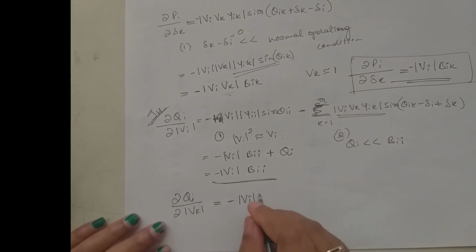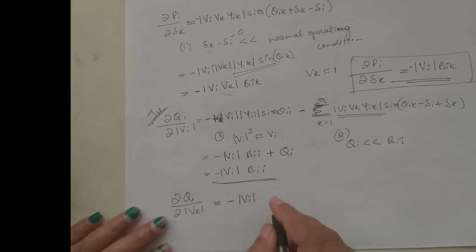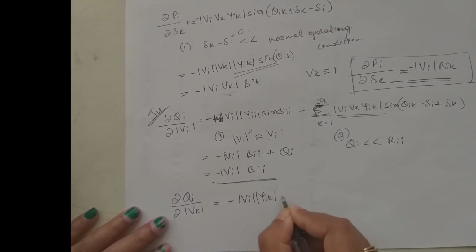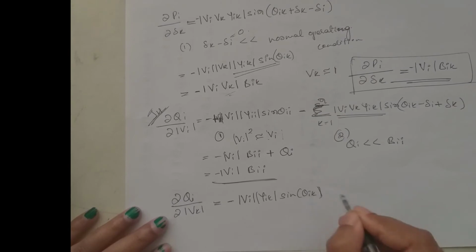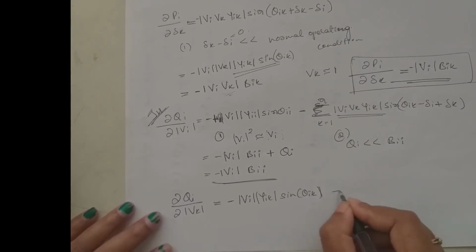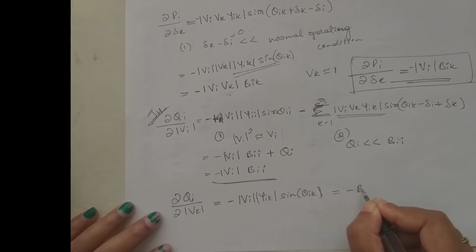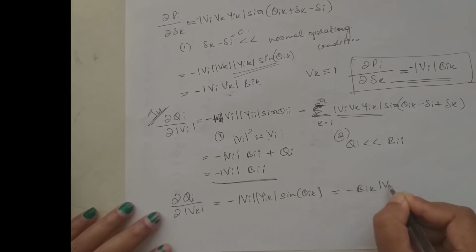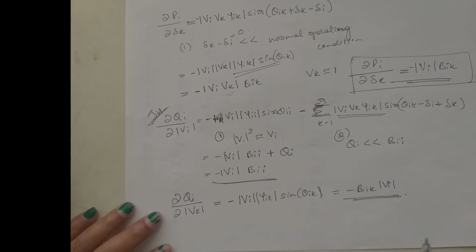We are going to assume Vk equal to 1, and we get Yik sin theta Ik. Why sin theta Ik? Because delta k minus delta i is very much less under normal operating condition. So we get Yik into sin theta Ik, which is Bik. So it becomes Bik into Vi. So this is the answer.